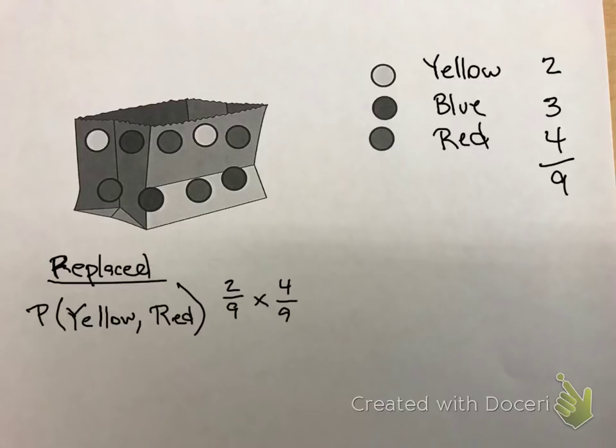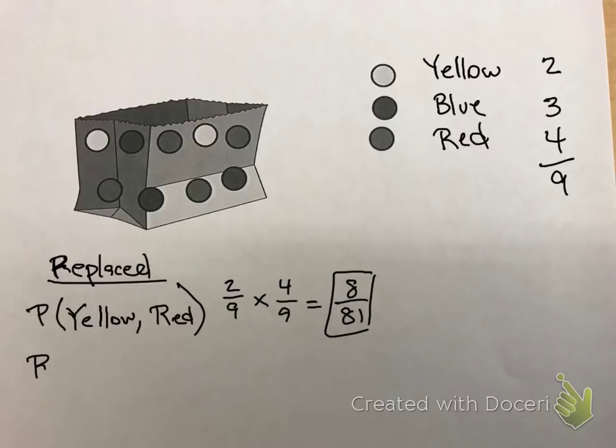Since we're replacing the marble after we pull it out of the bag, that means that nothing has changed about how many of each color are in the bag, which means that the total amount of marbles in the bag hasn't changed. So we're just multiplying those 2 fractions together. We wind up with 8 over 81.